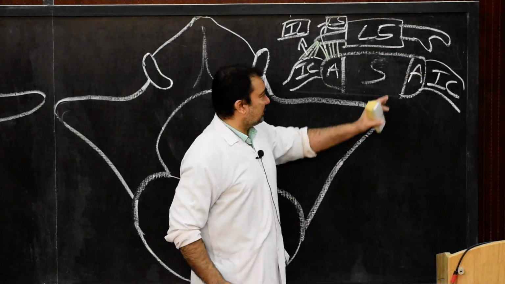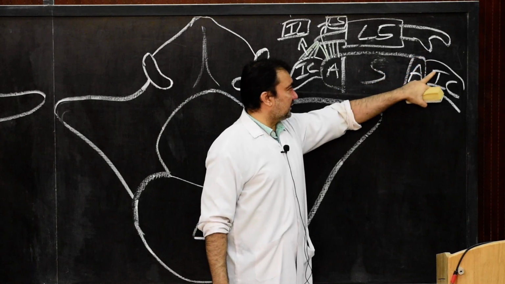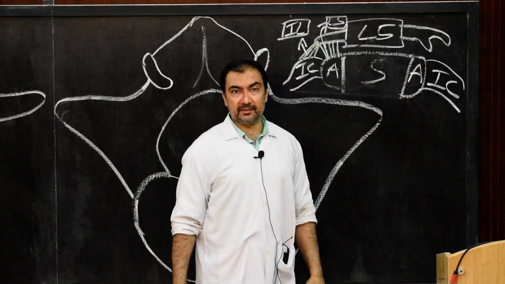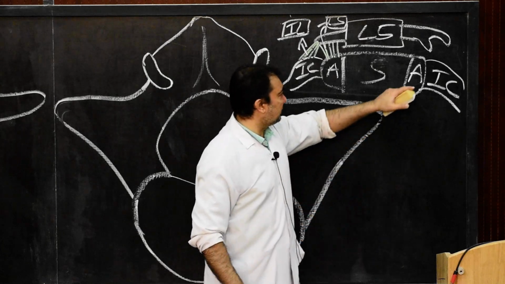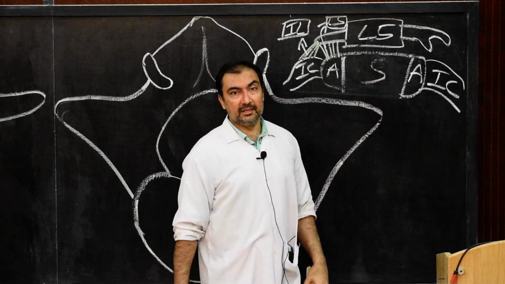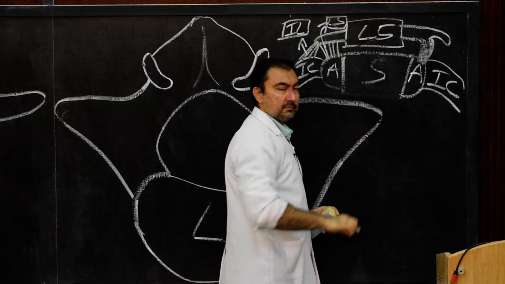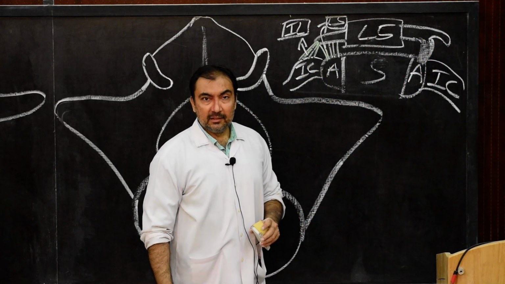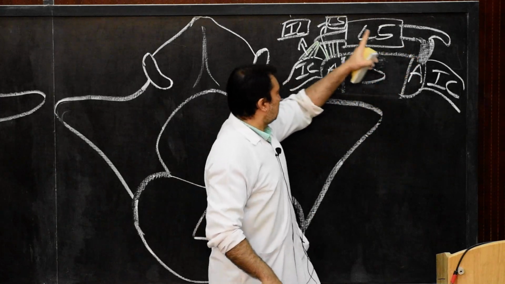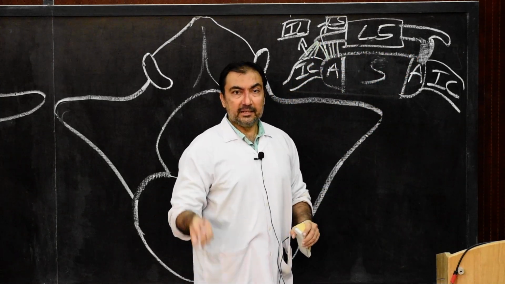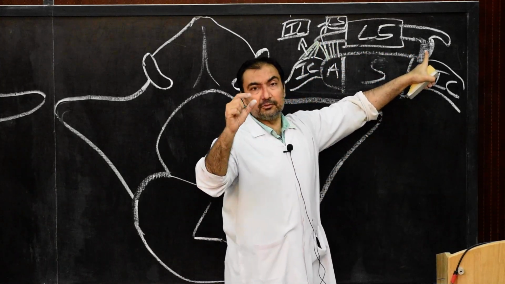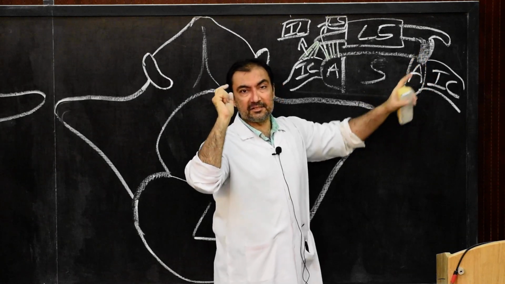If these tips are elongated and bifid, they will fuse with the iliac crest or the ala of the sacrum, and in the majority of cases they fuse with the ala of the sacrum. This fusion may be unilateral or bilateral. If it is unilateral, it is known as partial sacralization.